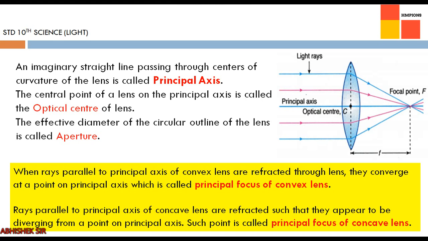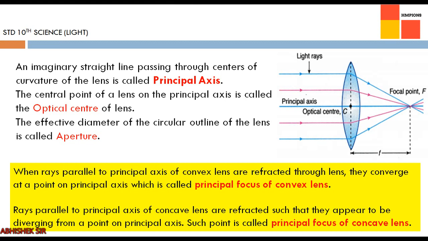Now the last definition is principal focus. We have defined principal focus based on the nature of light rays into two, one for convex lens and one for concave lens. When rays parallel to the principal axis converge at a point after refraction, that point is called the principal focus of the convex lens.